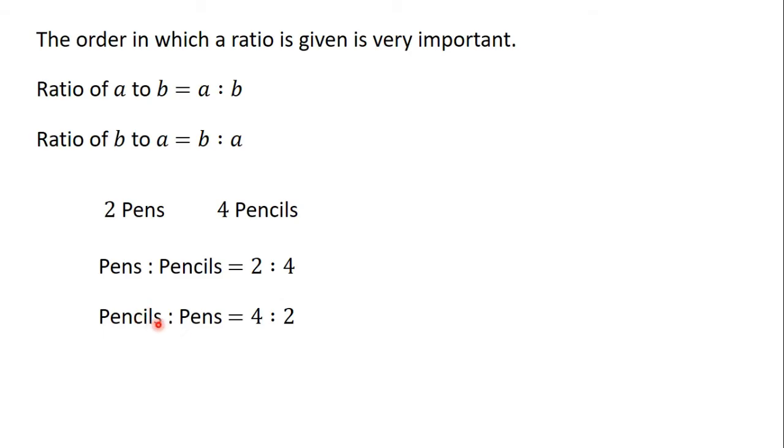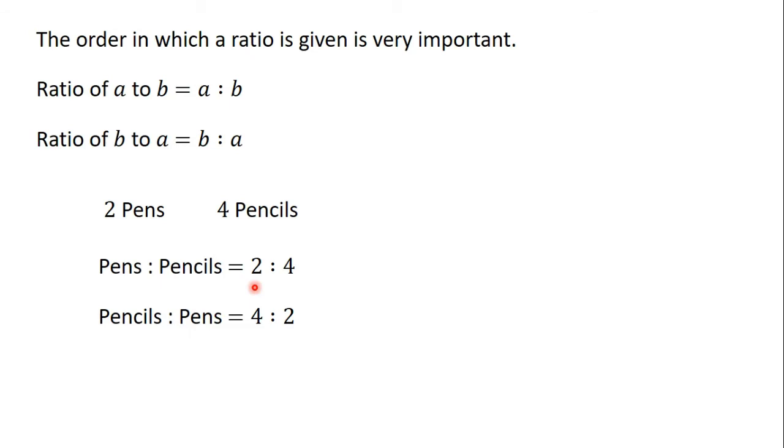But the ratio of pencils to pens is equal to 4:2. So the ratio of pencils to pens will give us the number of pencils, which is 4, and the number of pens, which is 2. We can see clearly that the ratio of pens to pencils is different from the ratio of pencils to pens. So in a ratio, the order in which the quantities are given is very important.